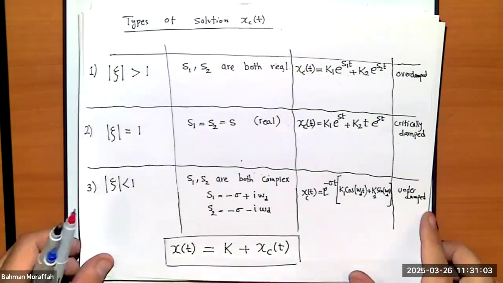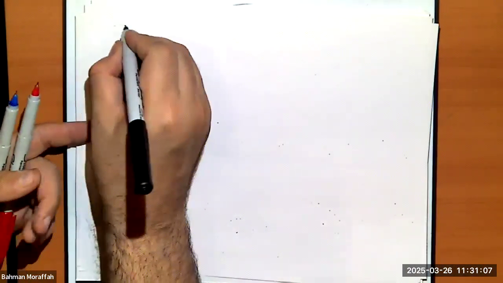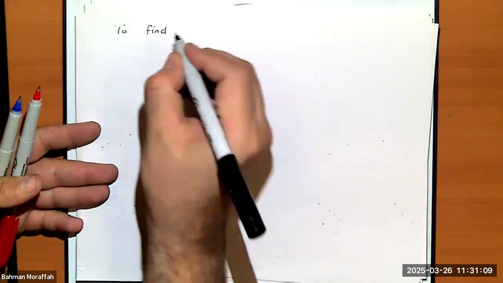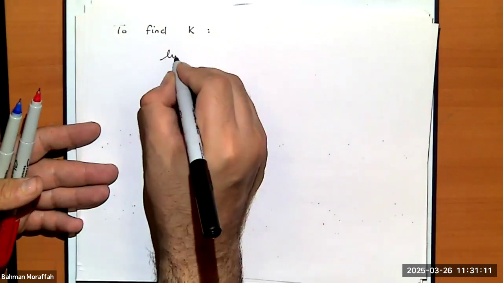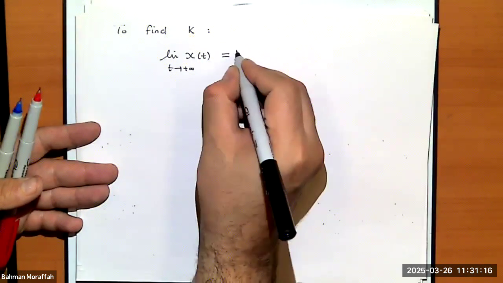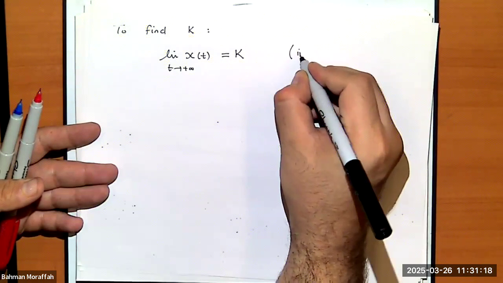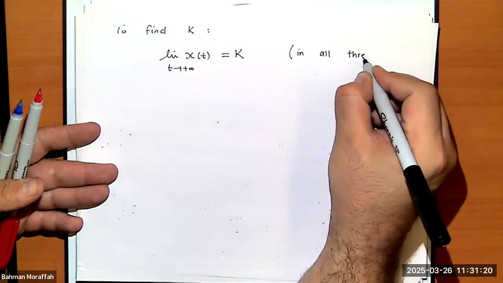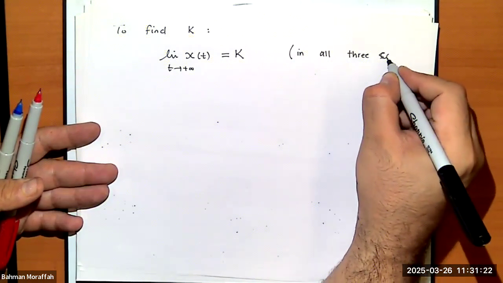So let me quickly write that down. To find k, the limit of x of t when t goes to infinity is always k in all three cases.